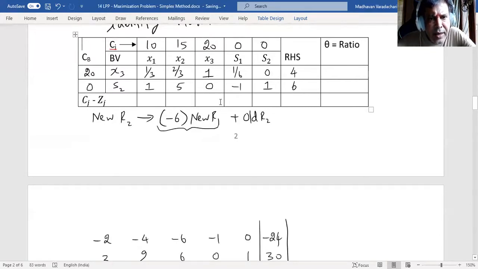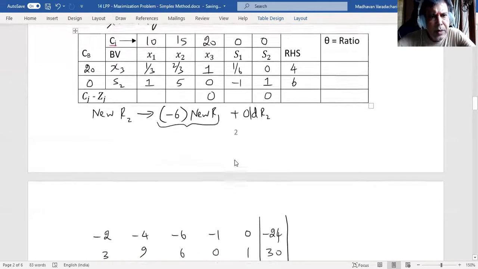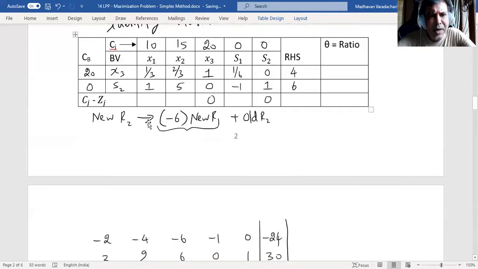We can simply write that as 0 here. Means x3, go to x3 column, write the Cj minus Zj as 0. S2, go to S2 column, write it as 0. Even when you try to calculate Cj minus Zj for this position, you will get 0 only, which you can try out. So I can reduce the number of Cj minus Zj calculations. Instead of 5 calculations, I am reducing it to 3 calculations.